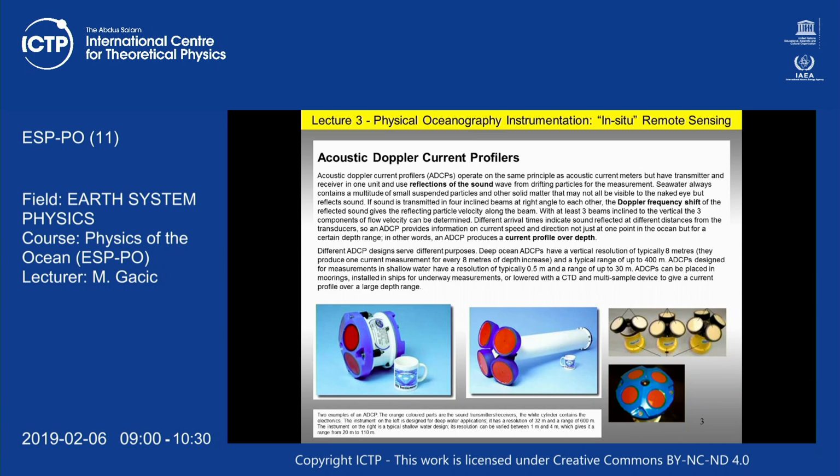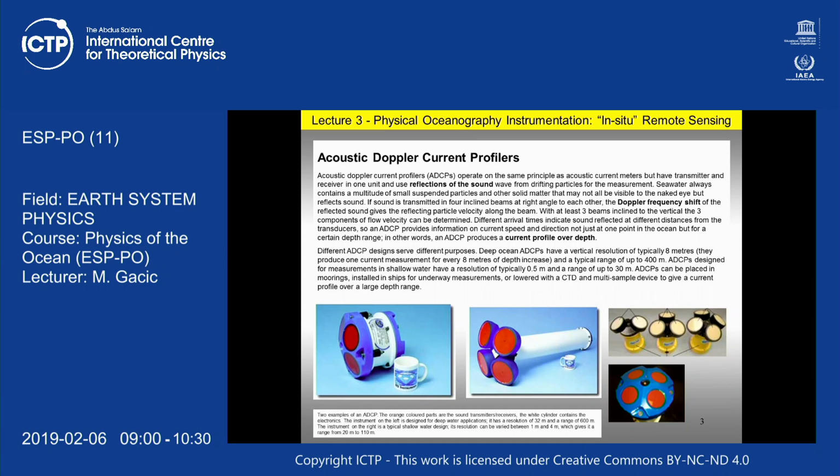So at the depth range of 400 meters, they produce like 50 measurements. But then they can be designed also for measurements in shallow water, and have a resolution of typically half a meter and a range up to 30 meters. This is what you have to choose on the basis of what kind of measurements you do.